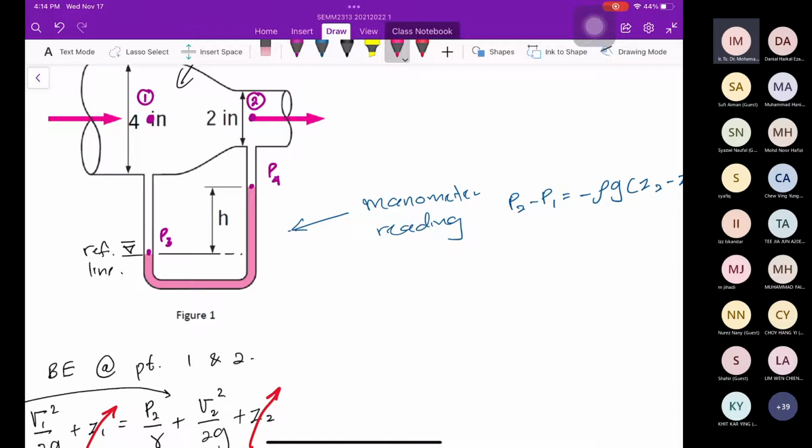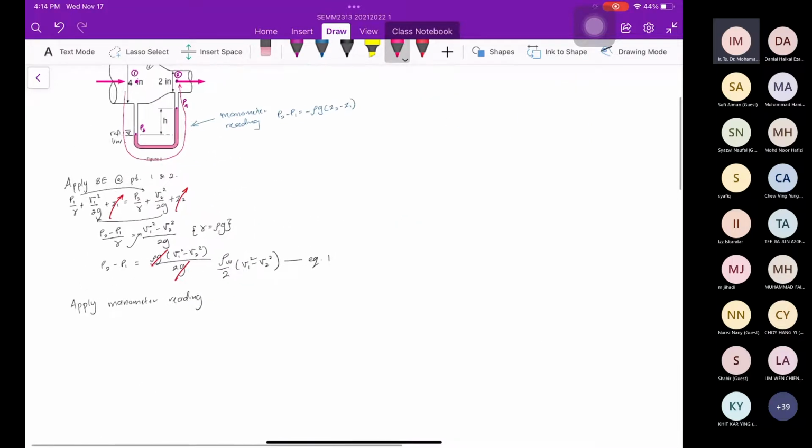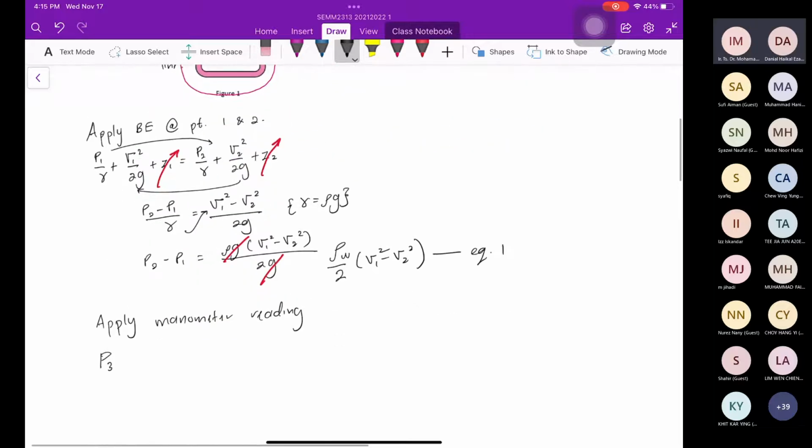I want to start the calculation from 1, go to 3 and finally go to 2. So 1 go to 3: P1 minus P3 or P3 minus P1? Do you still remember? P3 minus P1. Perfect. Negative rho gravity.